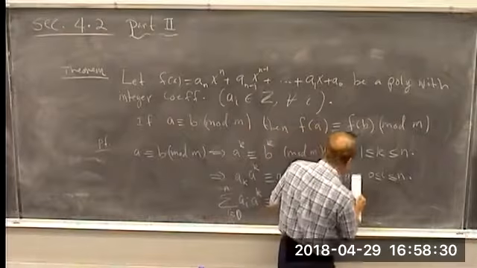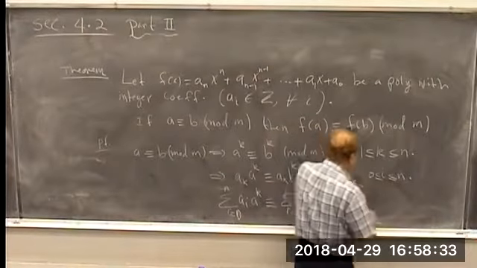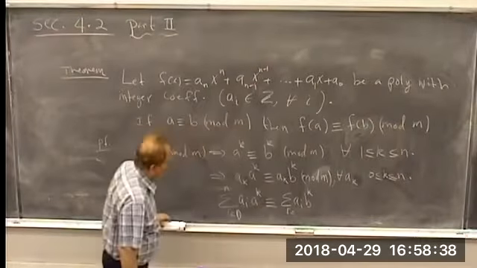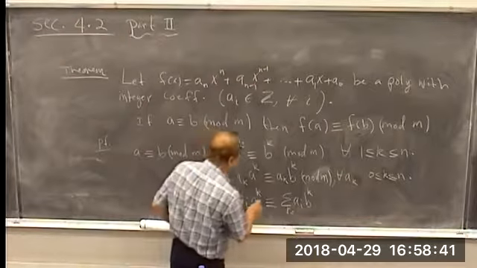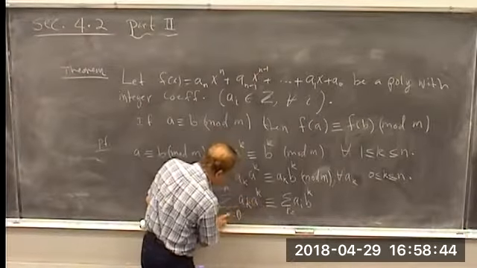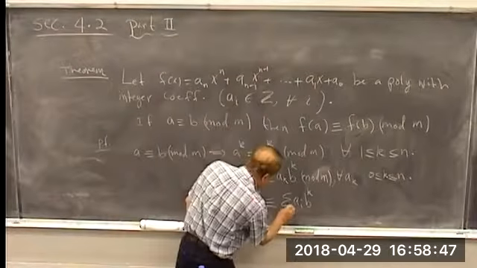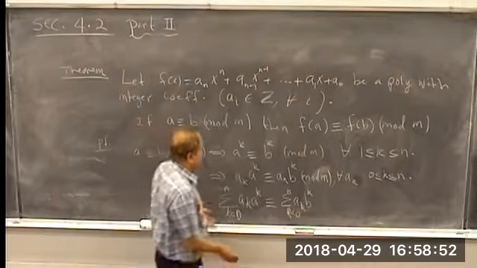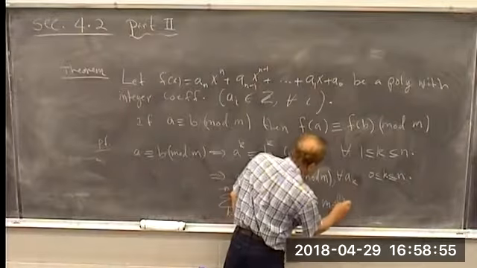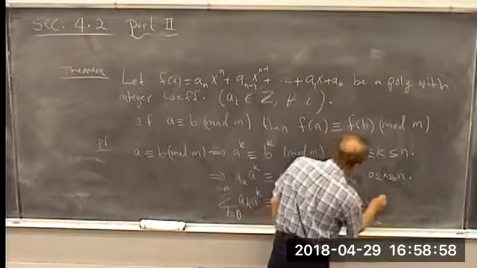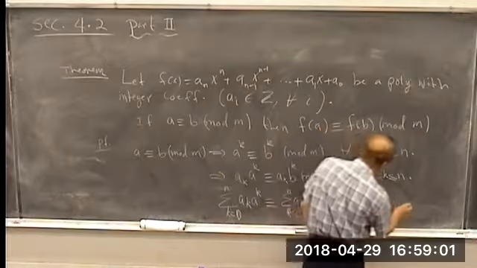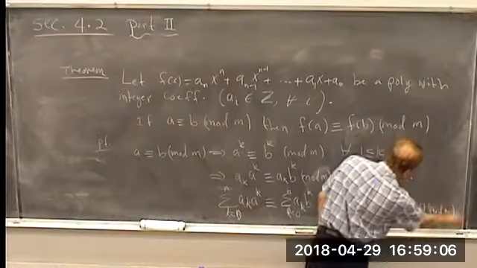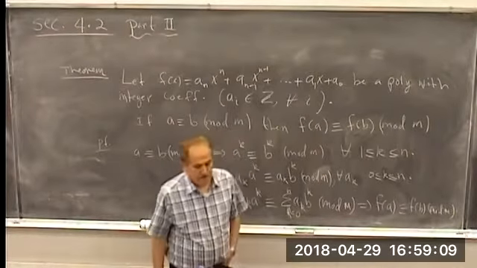So this way we multiply each term by the value, the x in here. Let me put here a term using k, and k is equal 0 to n. But this is nothing but the value of f at a is congruent to f of b mod m.